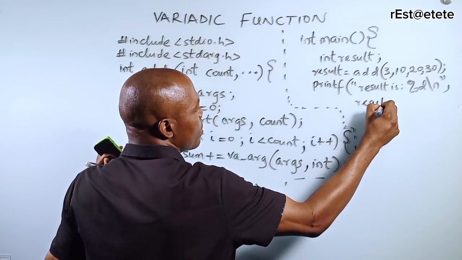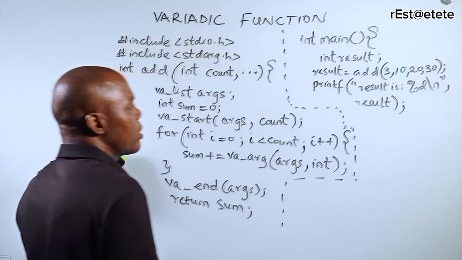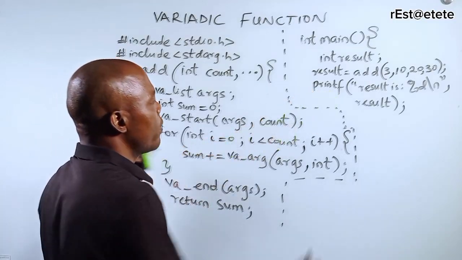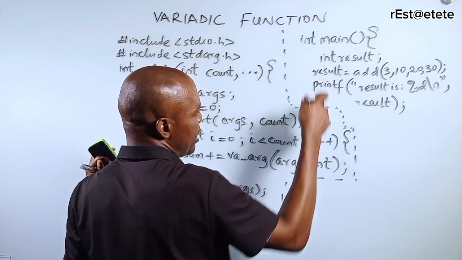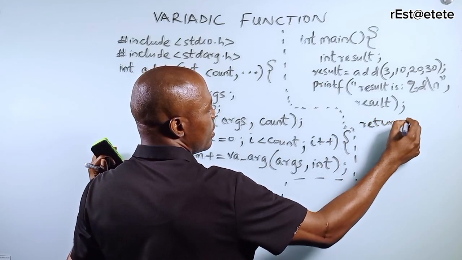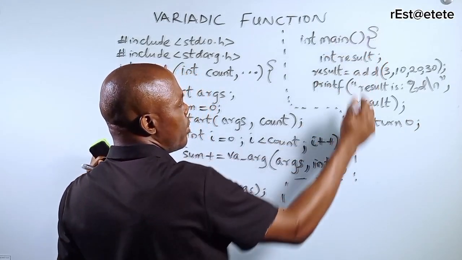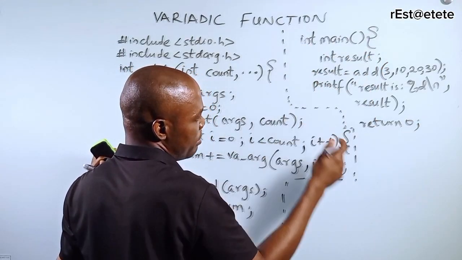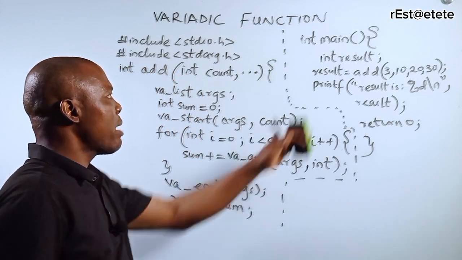Result. All right. So this is my main function. Then, because of this line, I'm going to write, that should be here. So I'll now say return 0. Then my curly bracket, of course, should be the same line. So I'm just going to close it. So this is my main function.